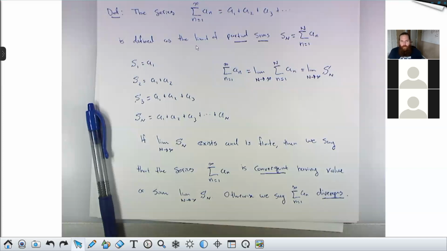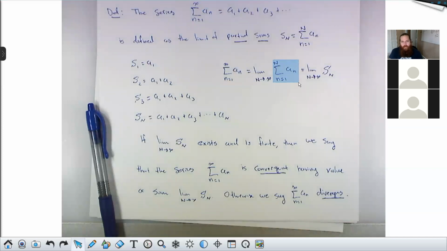So that's kind of a tricky thing here, right? You start off with a sequence a_n and you say, I want to add up all those terms. Then in order to do that, because that is an infinite process, you have to define the infinite addition problem in terms of a limit of a finite addition problem.